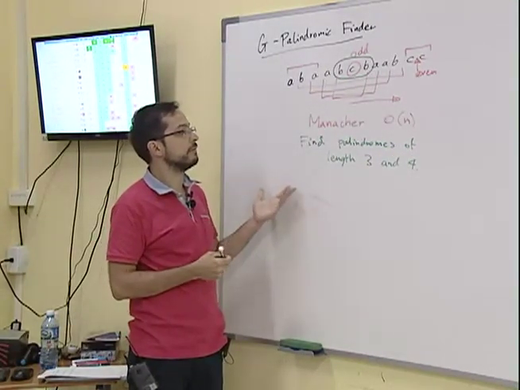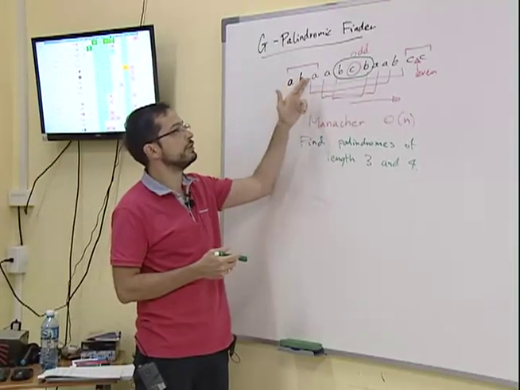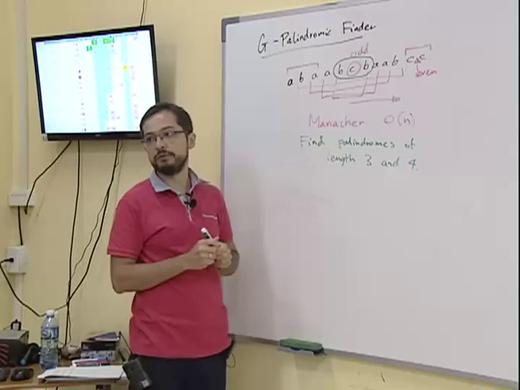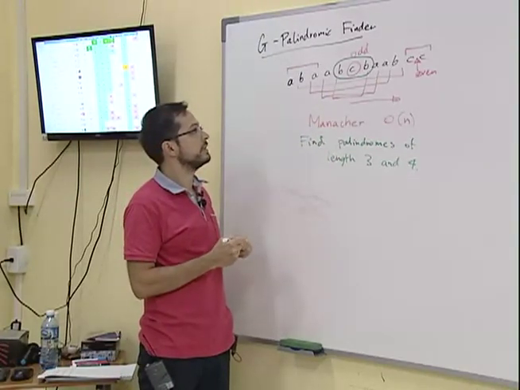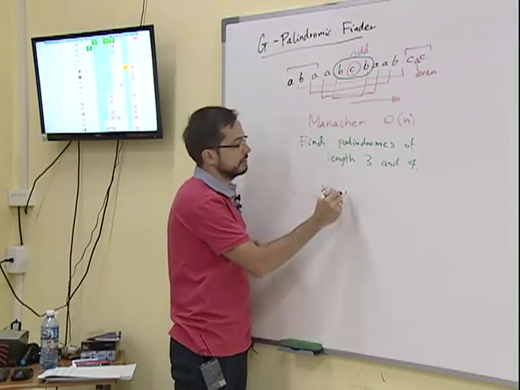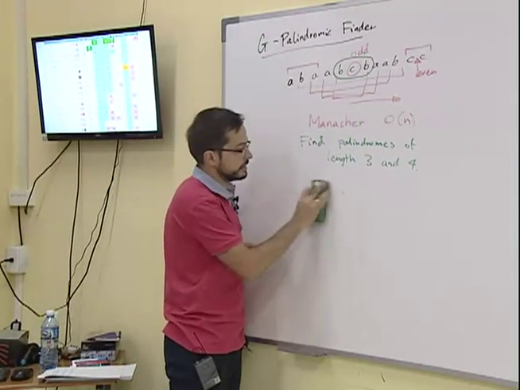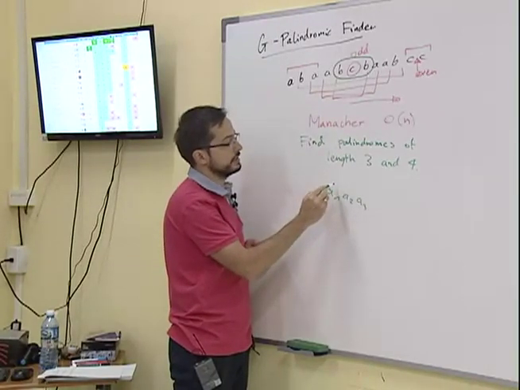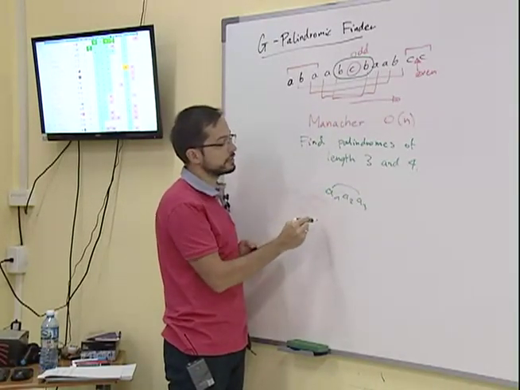Finding a palindrome of length 3 is just iterating over the subwords of length 3, and for every subword A1, A2, A3, we just need to find out whether these two letters are the same.